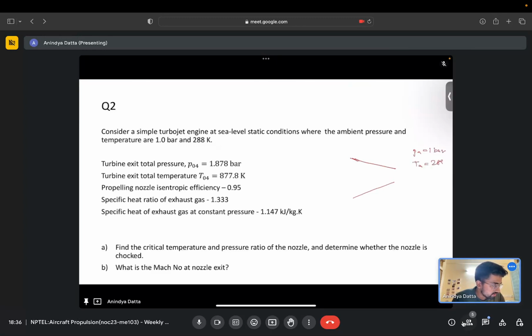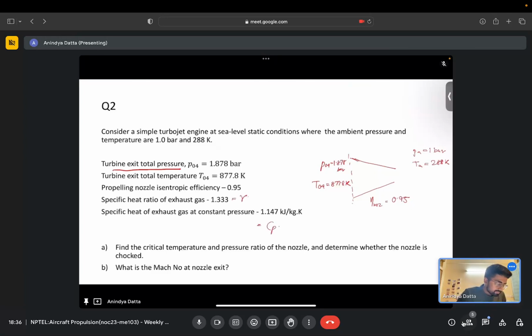At the nozzle inlet, which is the turbine exit, the total pressure is 1.878 bar and the total temperature T04 is 877.8 Kelvin. Okay, and the nozzle isentropic efficiency is 0.95. So this is your gamma and this is your Cp.